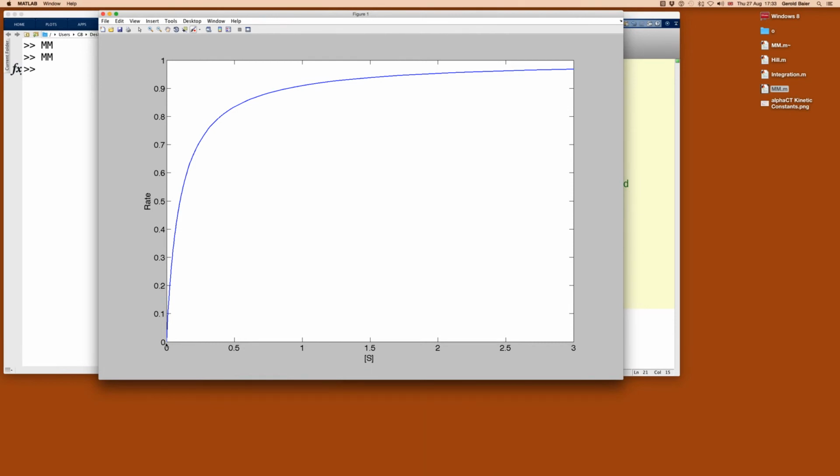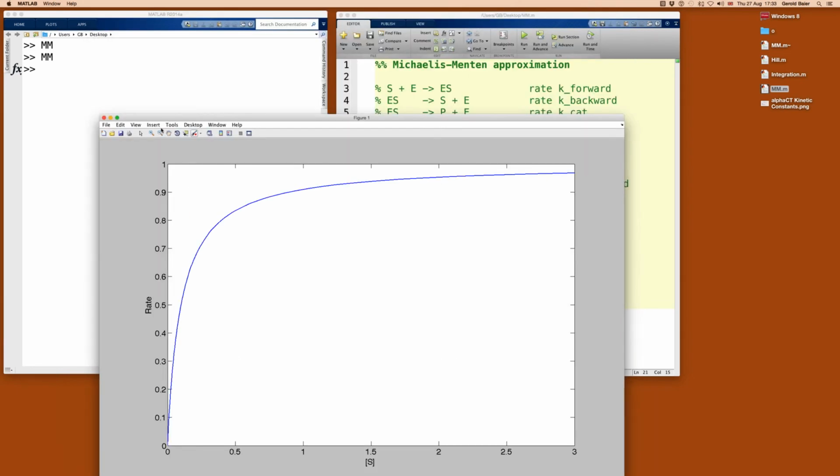Right, then we have substrate concentration on the horizontal axis from 0 to 3, so we have just chosen a certain range, so that could be, for example, millimolar if it was a conventional metabolite, and then the rate would be expressed as the change of concentration per unit of time. And of course, it depends how you define your Vmax and your Km, and the Vmax will then define whether you have that expressed in conversion per second or per minute or per hour or per year.